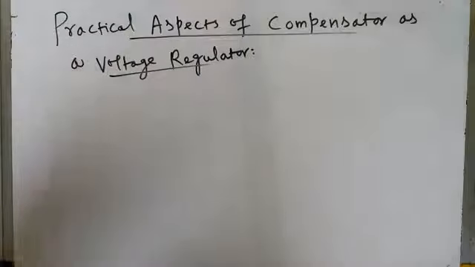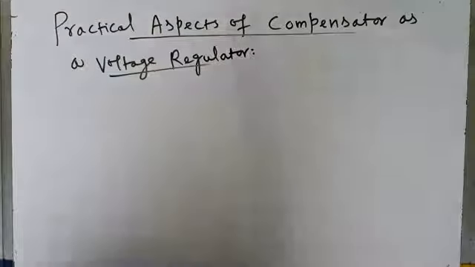So I have discussed in the last lecture, and in fact in the last couple of lectures, that when we use a shunt compensator as a voltage regulator, the compensator injects reactive power into the system. It compensates all the load reactive power, and it also makes some small amount of reactive power flow towards the source side, so that the current drawn from the source, that's the source current, is at leading power factor.